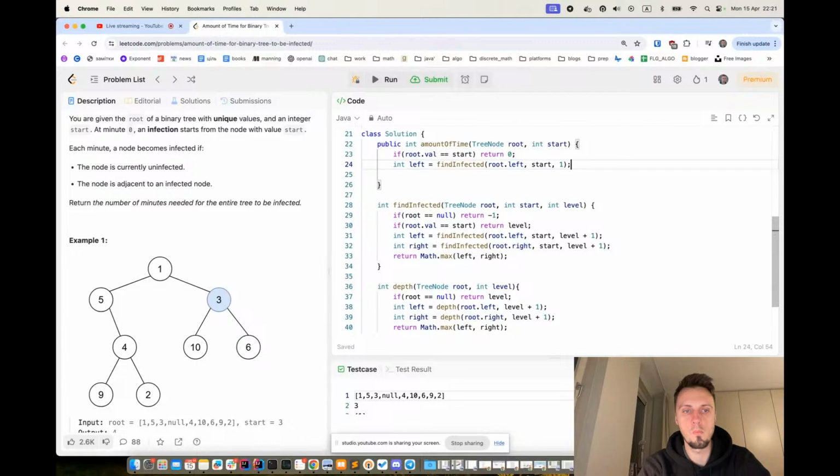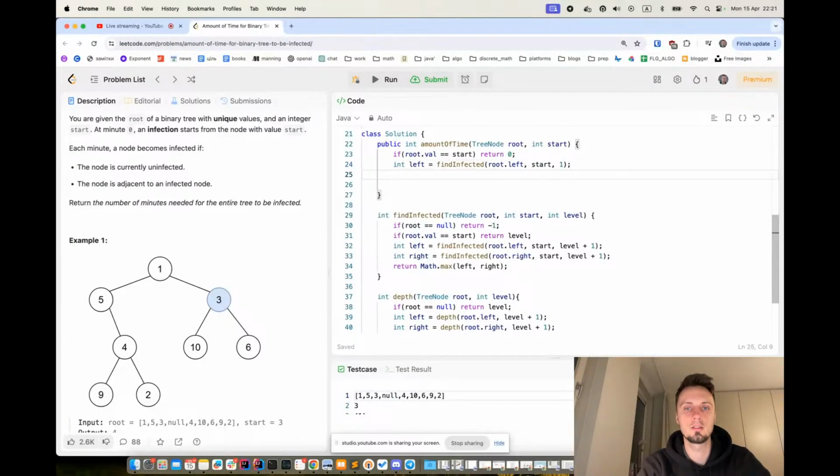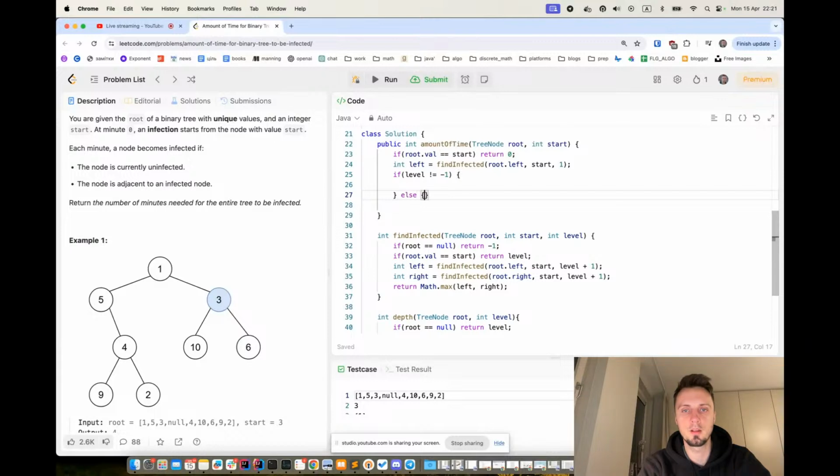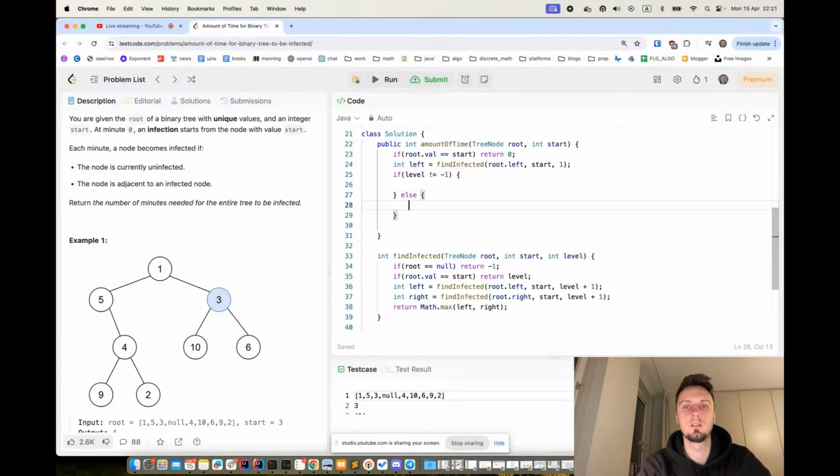And if our level is not equal to -1, then we do something. Otherwise, we look for infected on the right.